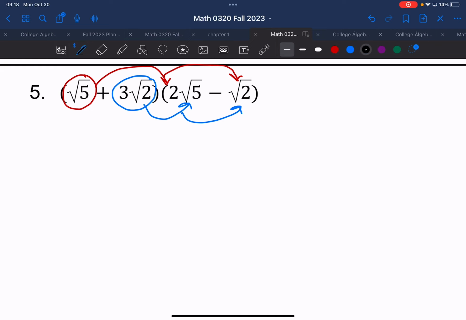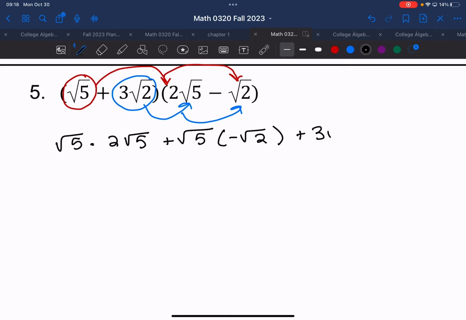Okay. Showing my steps, I have square root of 5 times 2 square roots of 5. Okay, that's my first multiplication. Then I have the square root of 5 times negative square root of 2. Now I'm doing the other part, the part I did in blue.